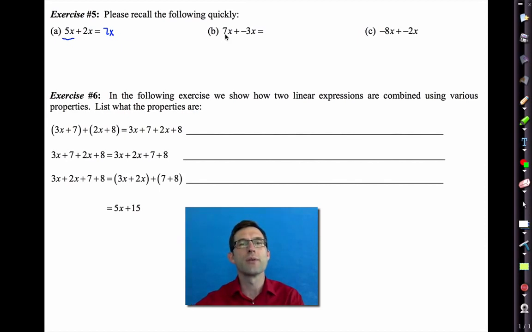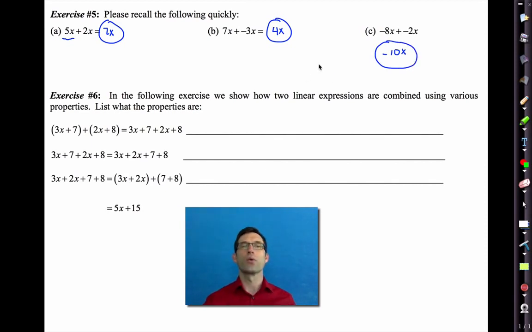Here it's a little bit trickier. If I have 7 positive x's and 3 negative x's, then I have a grand total of 4 positive x's. Likewise, if I have negative 8 x's and negative 2 x's, then in total I have negative 10 x's.